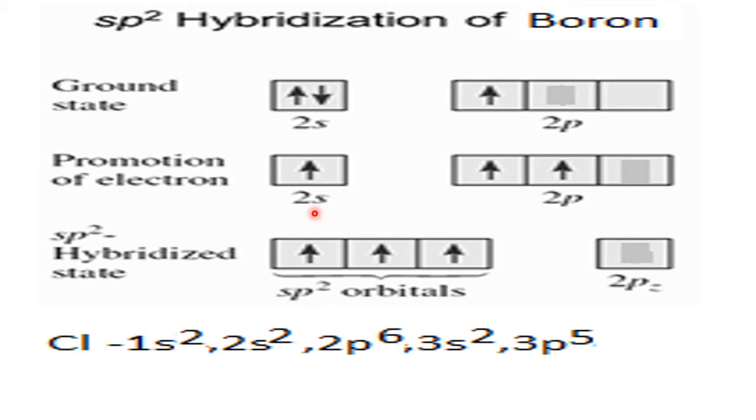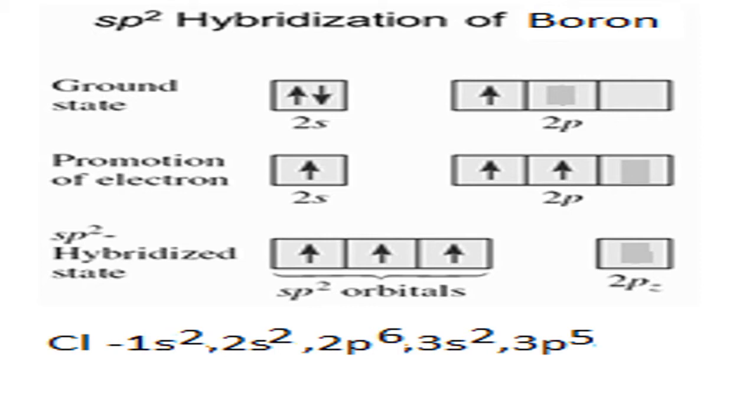That means the orbitals undergoing hybridization are one s and two p, so 1s 2p after combination gives sp2. So in the case of boron trichloride, it is sp2 hybridization.